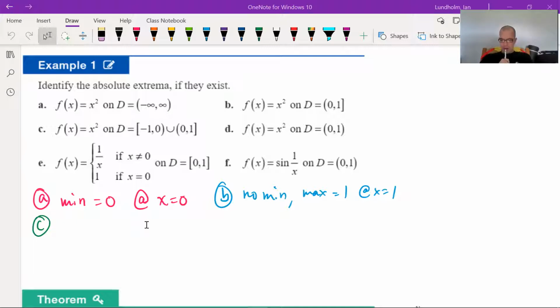We've got x squared. We've got our domain where we're just missing 0 on the interval from -1 to 1. Again, this means that we're not going to have an absolute minimum because that point is left out. But we will have 2 maxes.